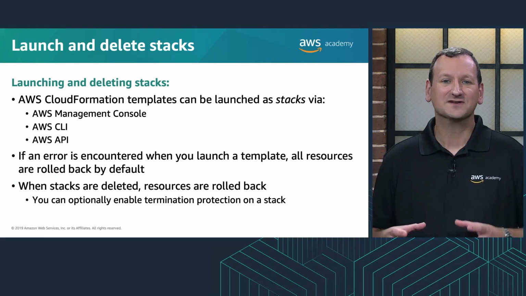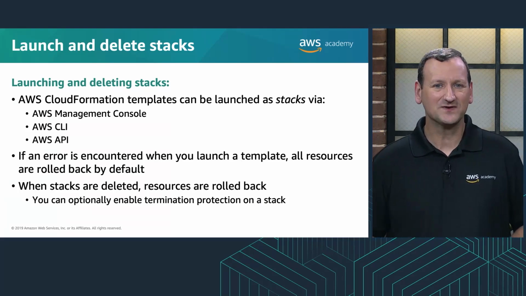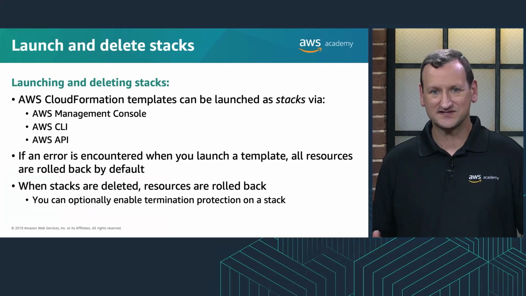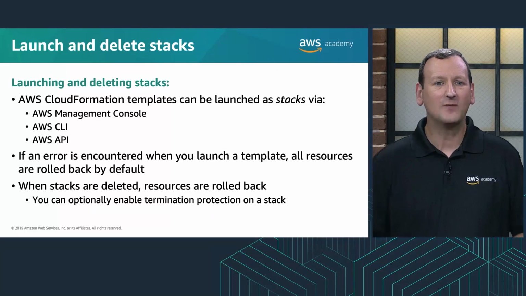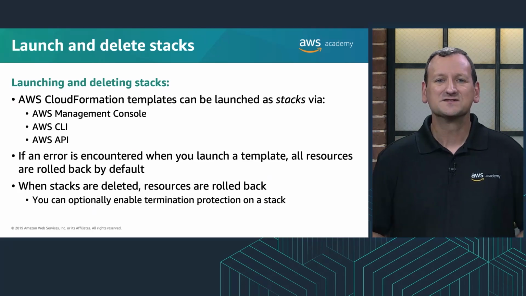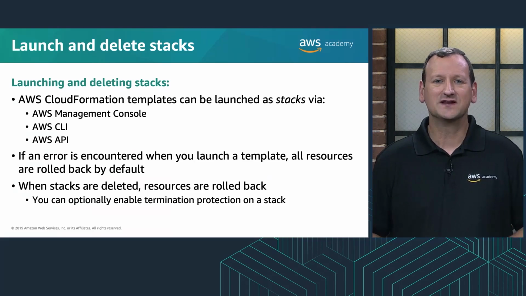AWS CloudFormation is designed so that all stack resources are created or deleted appropriately. Because CloudFormation treats the stack resources as a single unit, they must all be created or deleted successfully. Otherwise, a rollback takes place. Stack creation or deletion is treated in an all or nothing fashion.